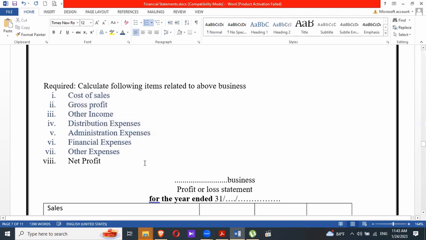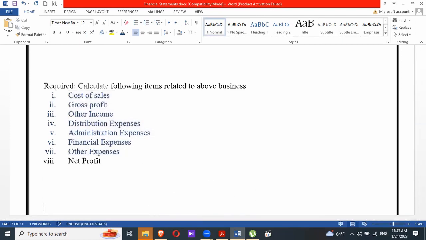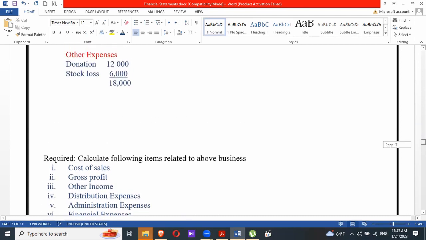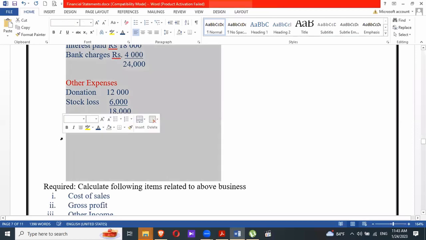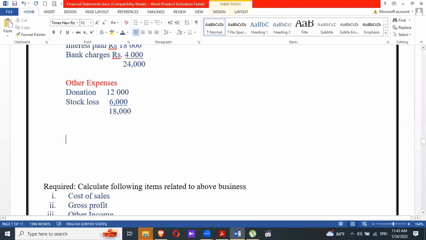Now we need to calculate net profit. Last one we need to calculate net profit, right? So let's calculate net profit. You can write the formula like this. Now you know the formula for the net profit, I have already explained to you.